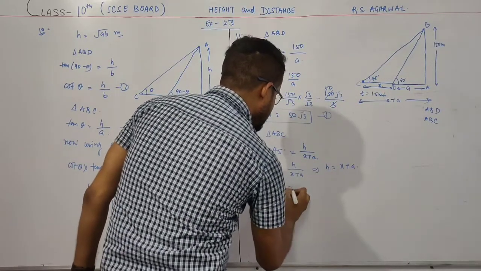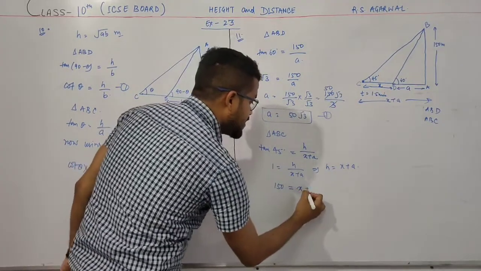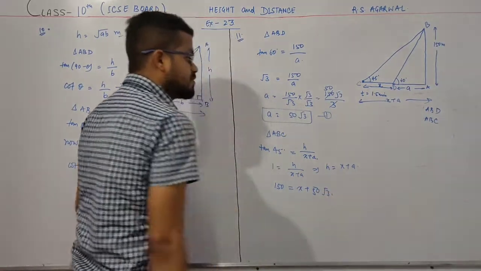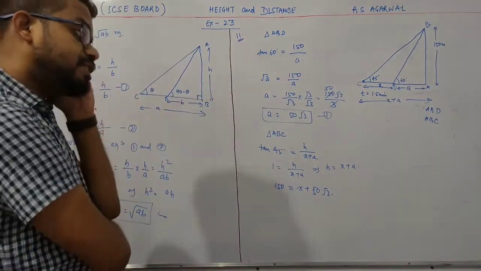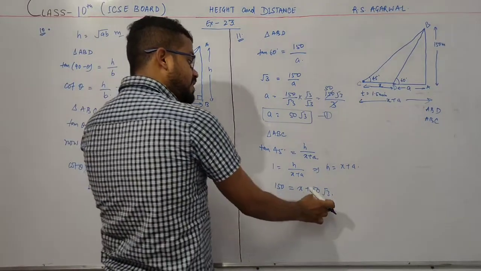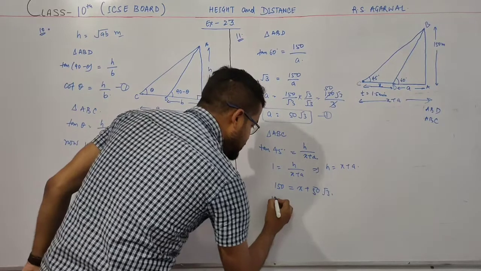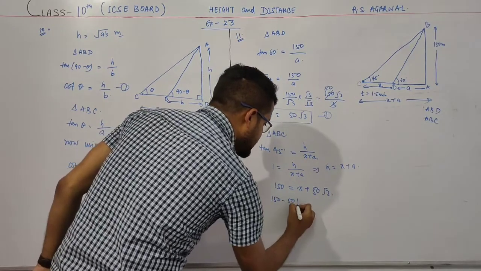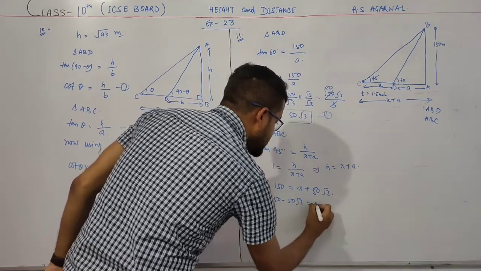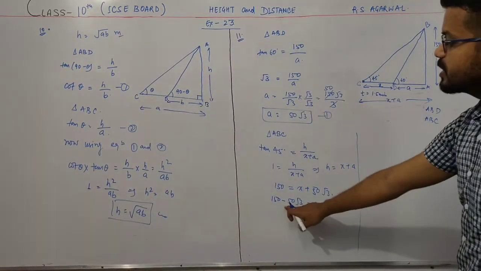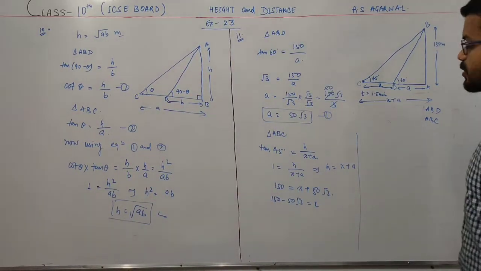So this is 150, this is x, and the value of a is 50 root 3. When I bring this 50 root 3 to the left hand side, I write 150 minus 50 root 3 is equal to x. So x is equal to 150 minus 50 root 3.